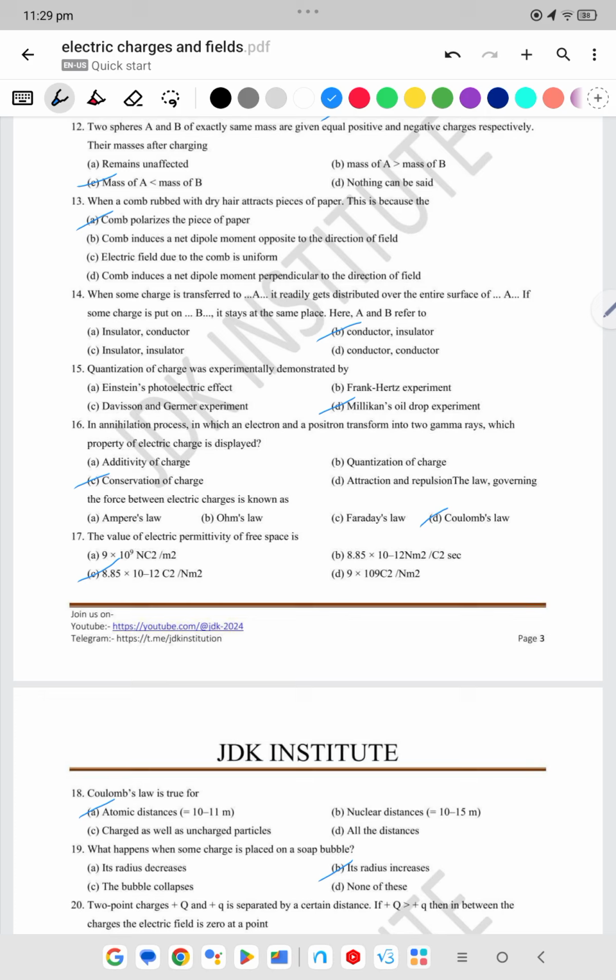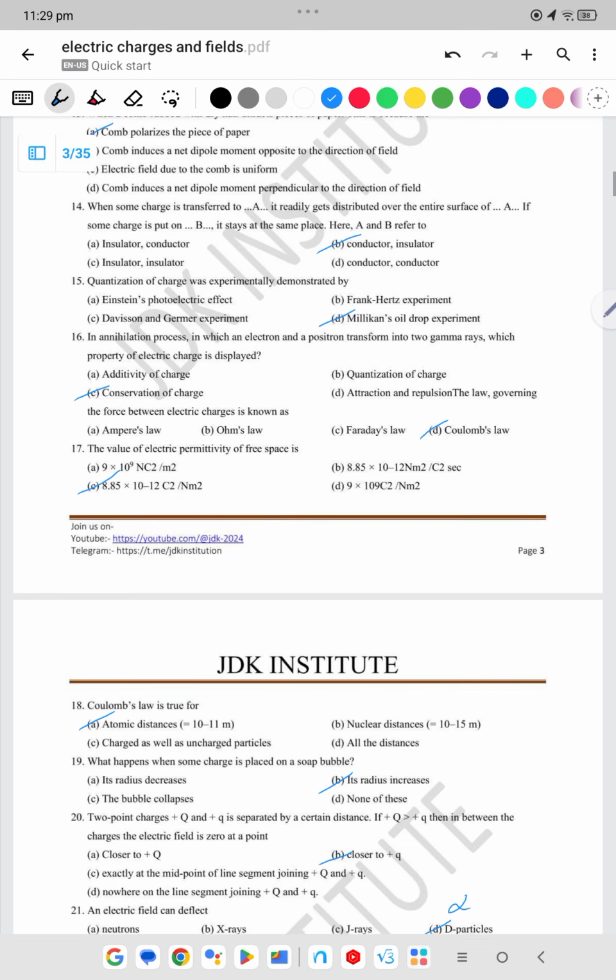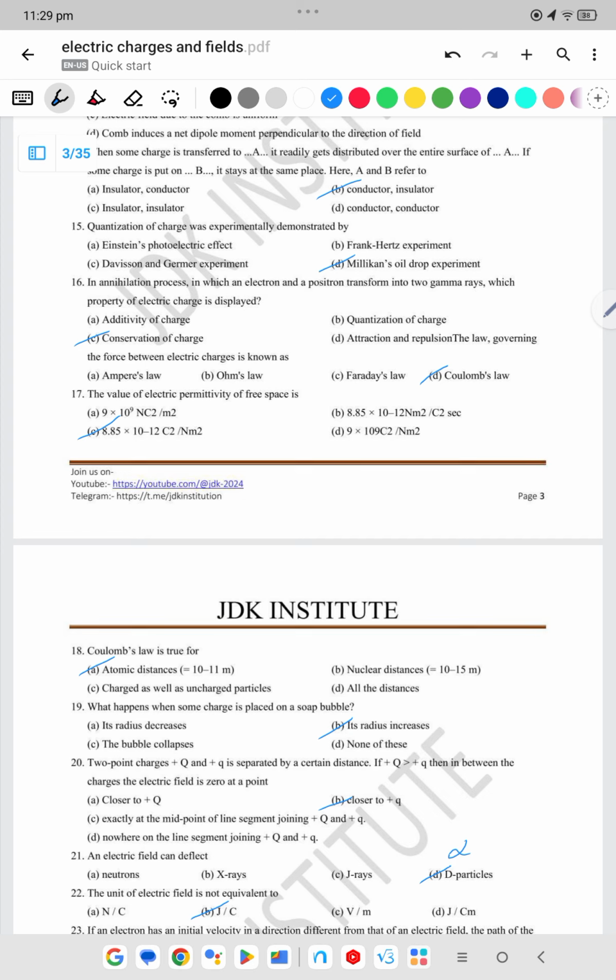The quantization of charge was experimentally demonstrated by Millikan's oil drop experiment. In the annihilation process, in which the electron and positron transform into two gamma rays, which property of electric charge is displayed? Conservation of charge.